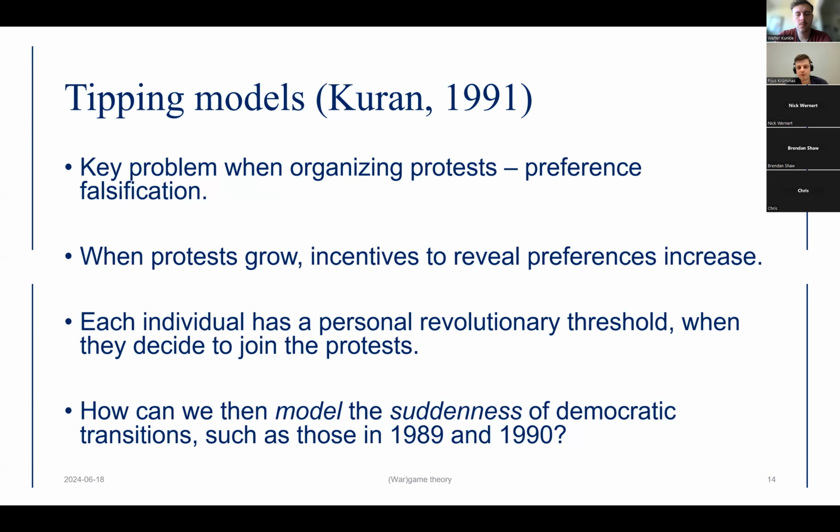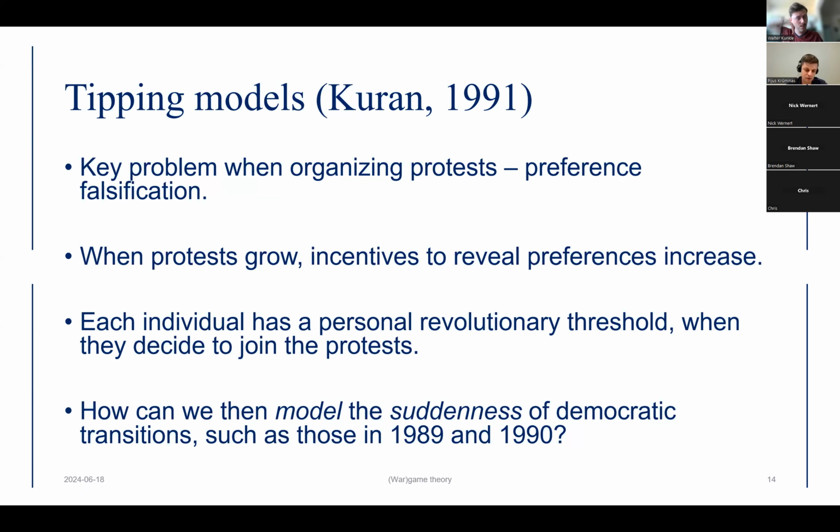It says that one problem with organizing protests that could lead to democratic transition is preference falsification. In a dictatorship, as a citizen, even if you're very strongly against the government, you are disincentivized to reveal your true preferences. Why?